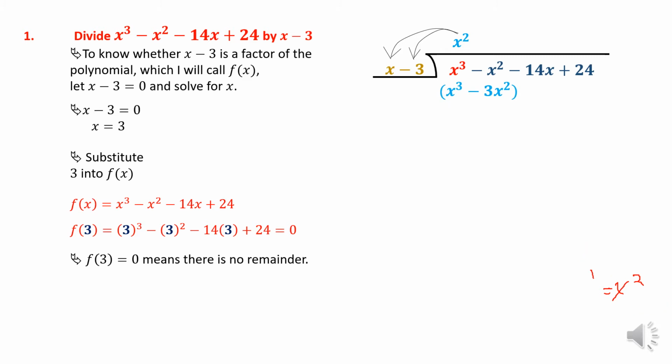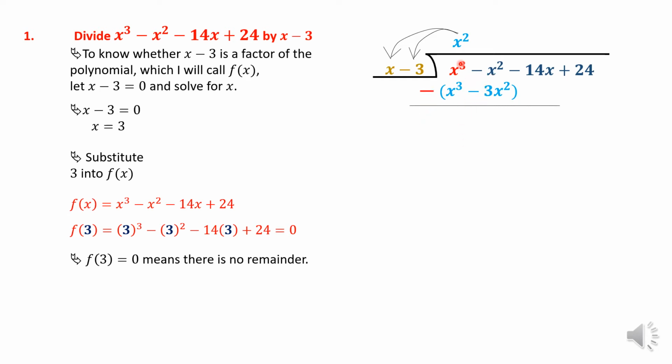And if you multiply the x squared with the negative 3, you are going to end up with minus 3x squared. Now I put brackets here because you're supposed to subtract this expression from whatever you have under the division sign. So I'm going to draw a line and I'm going to subtract.